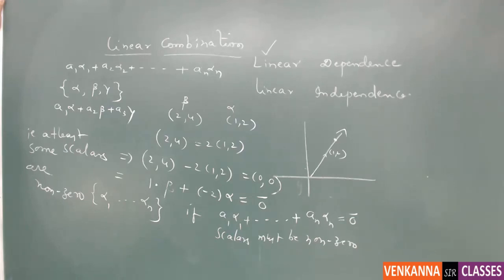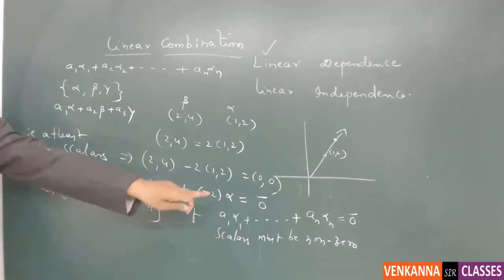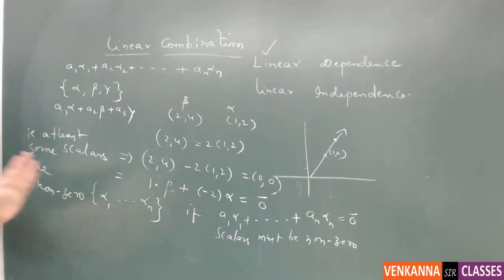So in other words, it is possible to find some non-zero scalars so that the result of the combination is 0. Okay? Is the definition clear? Any questions? Right. So linear independence means whenever you take the linear combination as 0, all the scalars are 0.